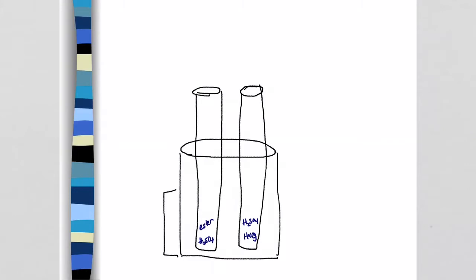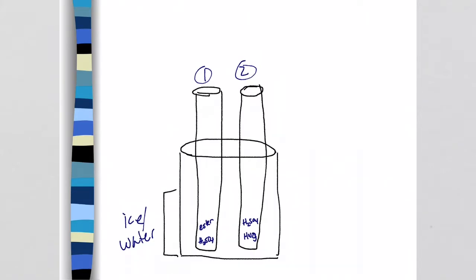Okay, so here's what your reaction setup is going to look like. You're going to have a beaker full of ice and water so that you can cool tube 1, which has your ester and your H2SO4 in it, and tube 2, which has the mixture of the nitric acid and the H2SO4.